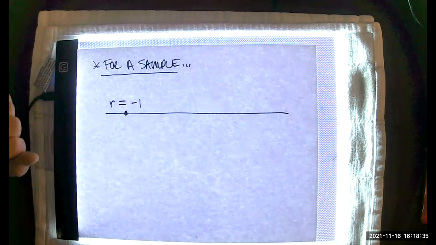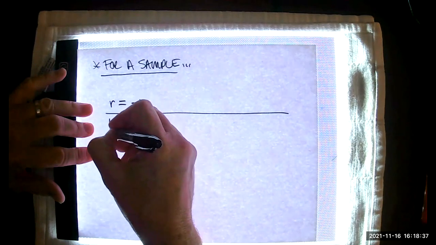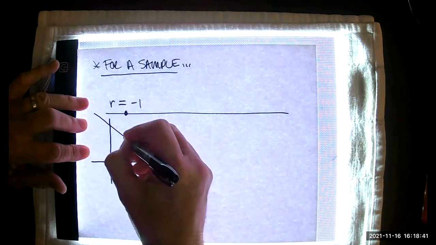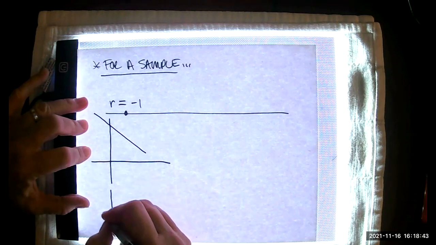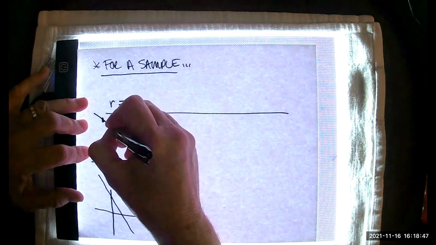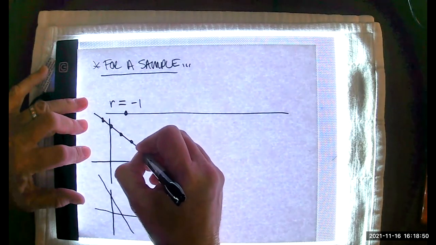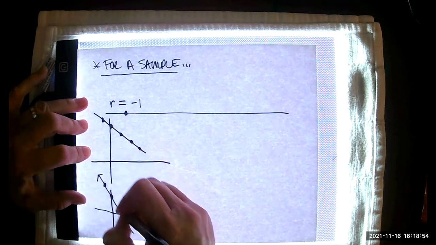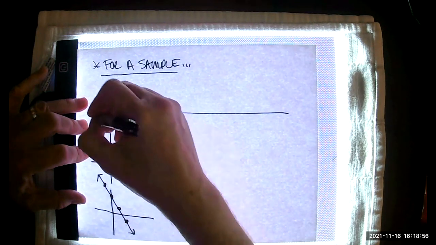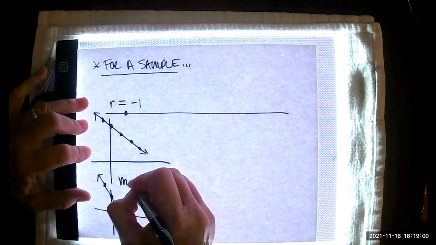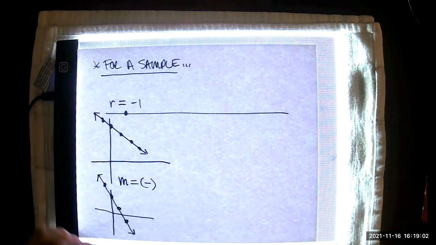If you have a situation where R is equal to -1, my graphs will have a negative slope, and they will look exactly like the graphs that you used to draw in your algebra class. The lines line up perfectly. M is equal to some sort of negative number.